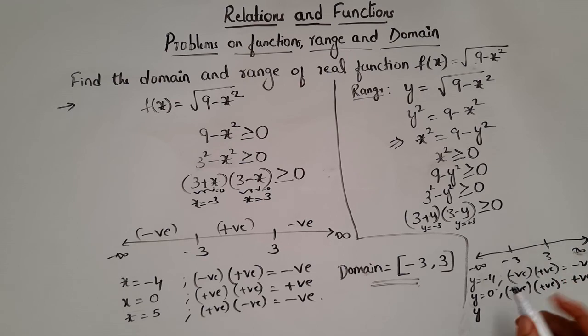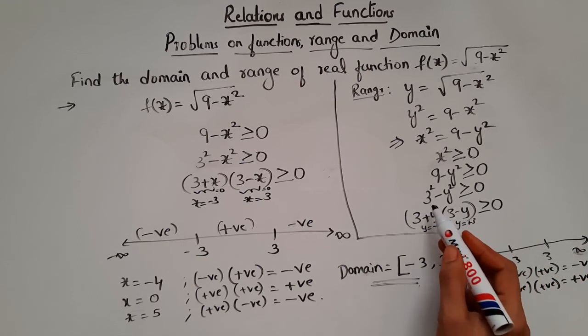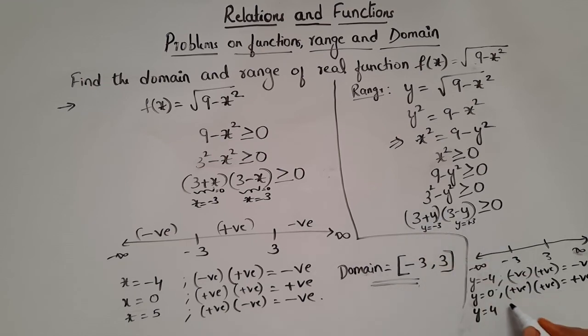Similarly, in the last range, let's take 4. When you put 4 here, 4 plus 3 is 7, which is positive, and 3 minus 4 is minus 1, which is negative. Overall it will be negative.